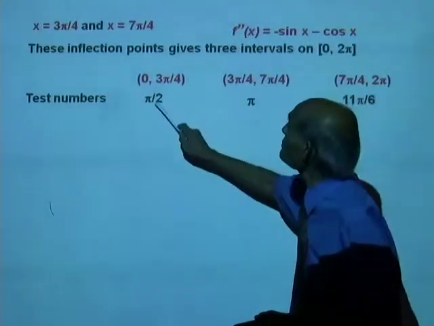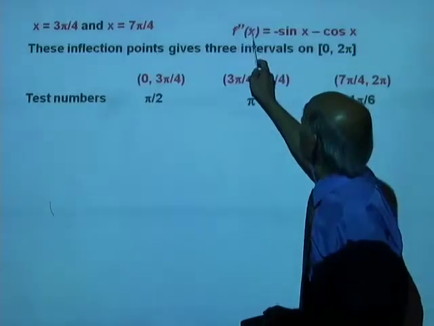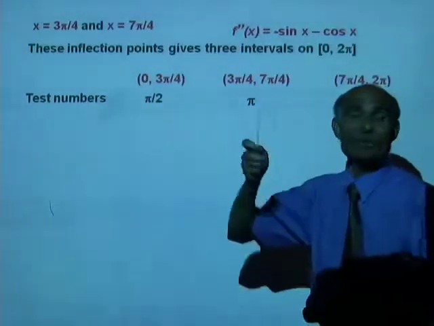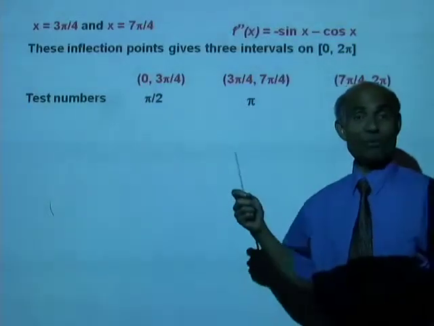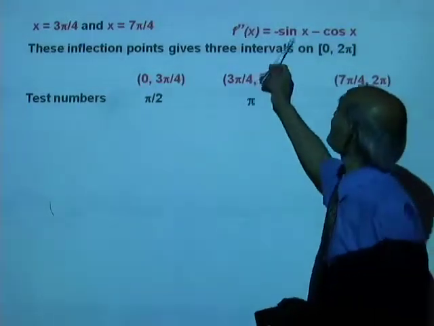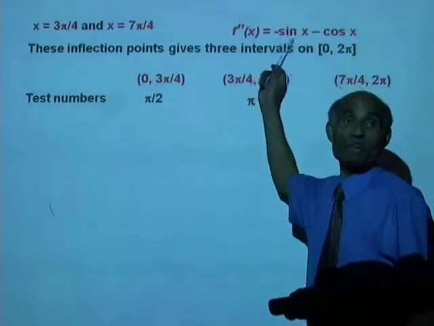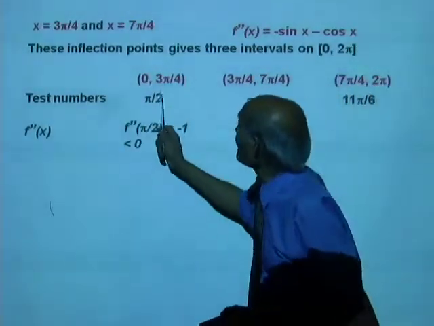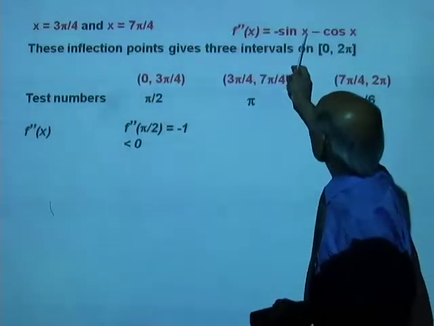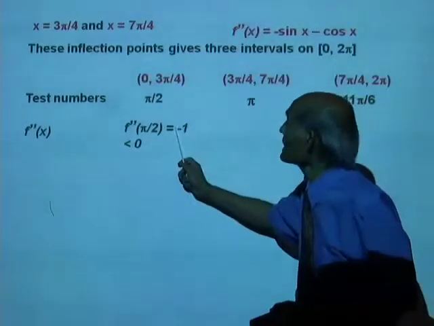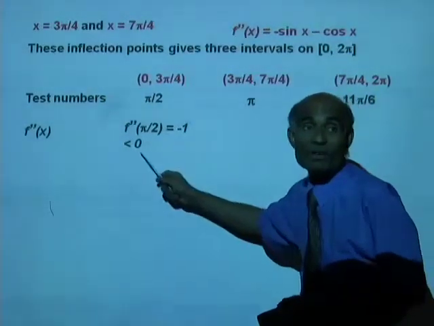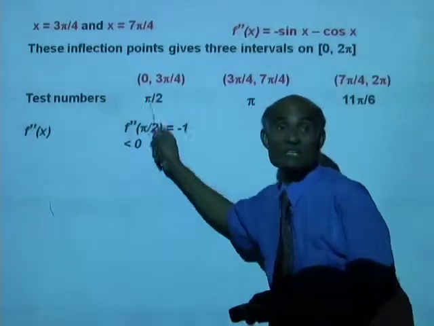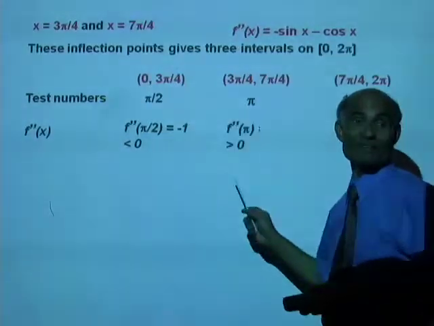What we need to do is find f double prime of pi by 2, replace x by pi by 2. Use the calculator or just do it by replacing x by pi by 2. If you replace x by pi by 2, you will get the answer negative 1, which is negative. So the second derivative is negative on this interval.